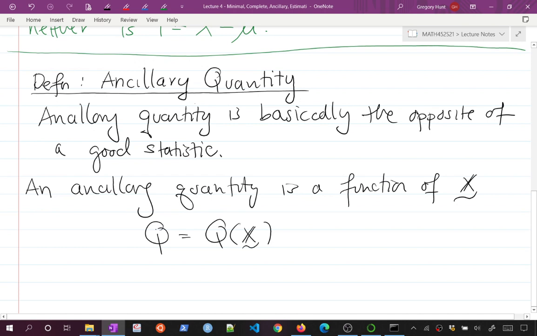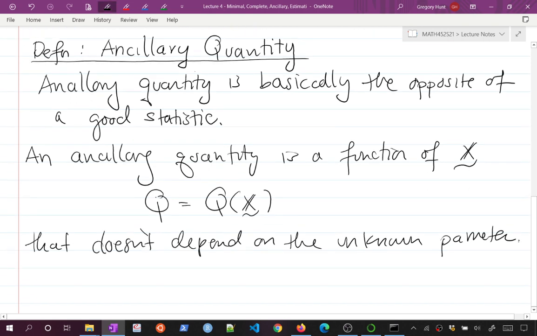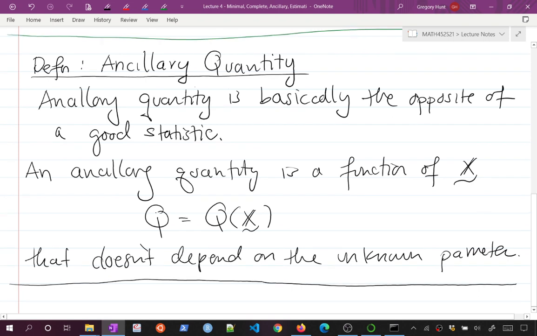Let's call it Q for quantity, that doesn't depend on the unknown parameter, period. So that's our definition of an ancillary quantity.